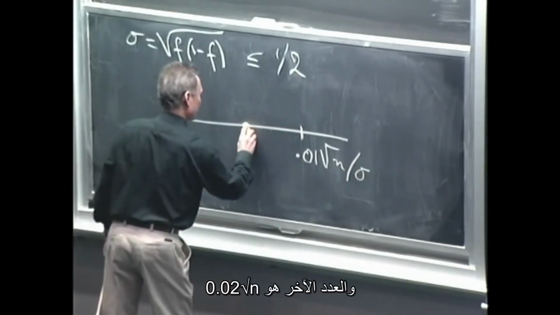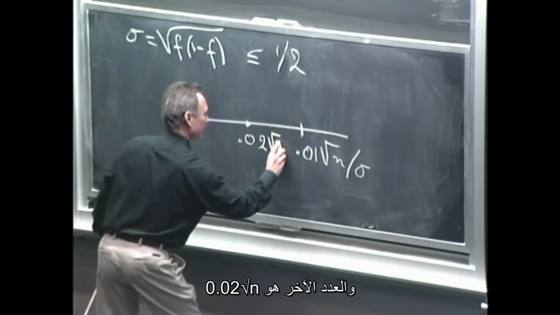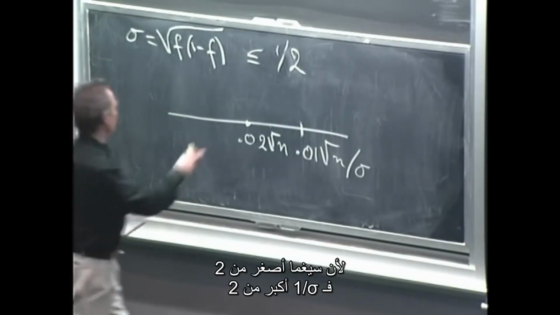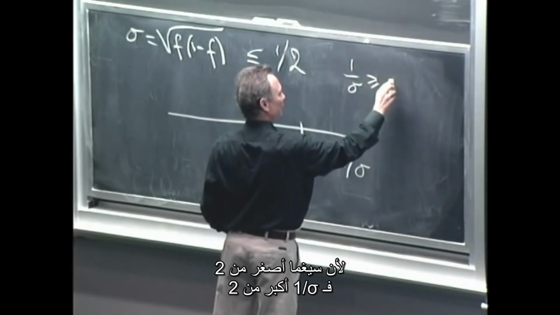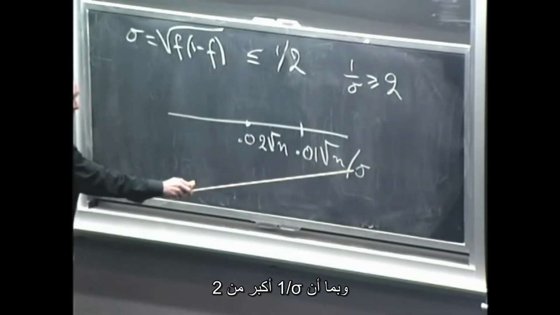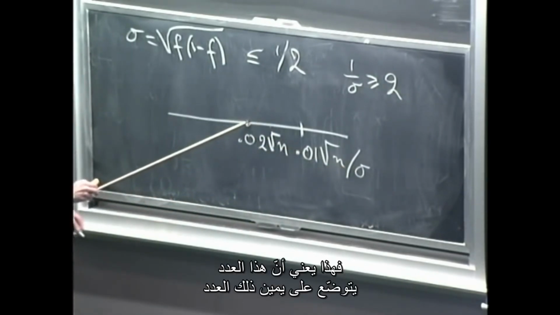And the other number is 0.02 square root of n. And my claim is that the numbers are related to each other in this particular way. Why is this? Sigma is less than 1/2, so 1 over sigma is bigger than 2. So since 1 over sigma is bigger than 2, this means that this number sits to the right of that number.